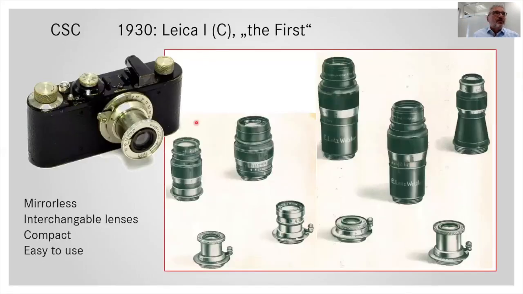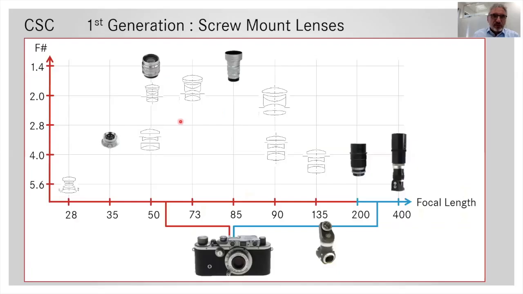So let's go to the first CSC, Leica 1: mirrorless, interchangeable, easy to use. Today it wouldn't be easy to use because it has no automatic functions, but at that time it was easy to use. And here is the first generation of screw mount lenses from Leica.